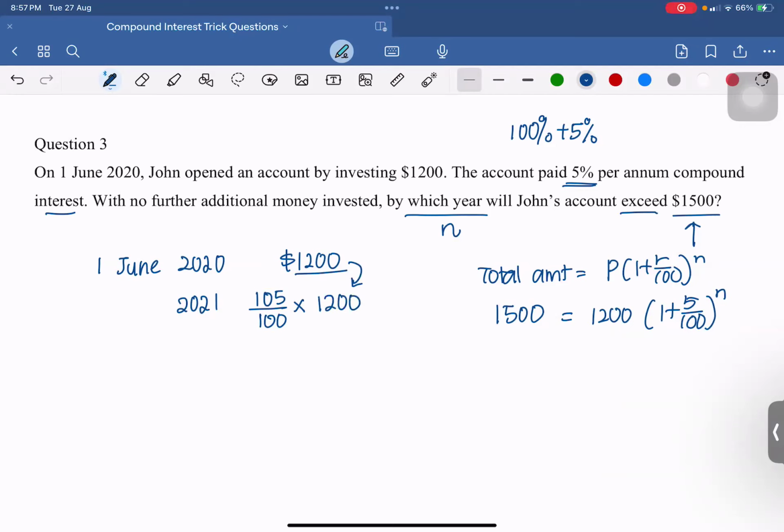I'm not going to work out the answer. I'm going to use this 2022. I still have another 105% of the whole number, whatever this number is. Where did this come from? This comes from this whole thing. I'm going to put it inside here.